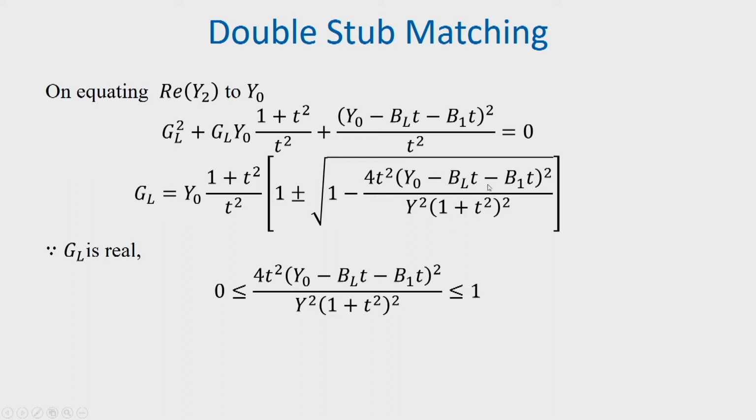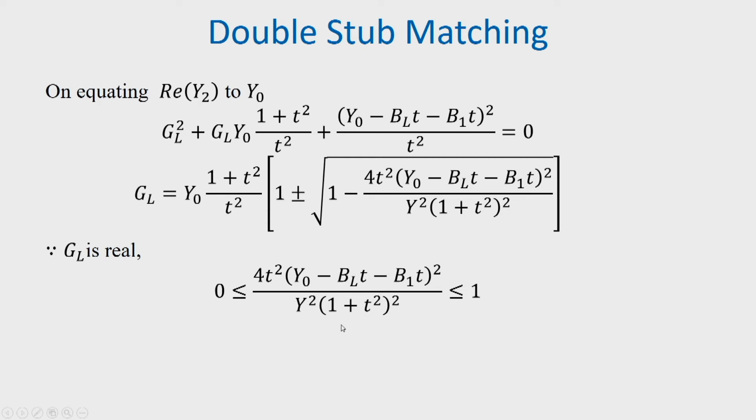So, this becomes greater than 0 and less than 1, this particular term 4 t square (Y naught minus BL t minus B1 t) square divided by Y naught square into (1 plus t square) whole square.